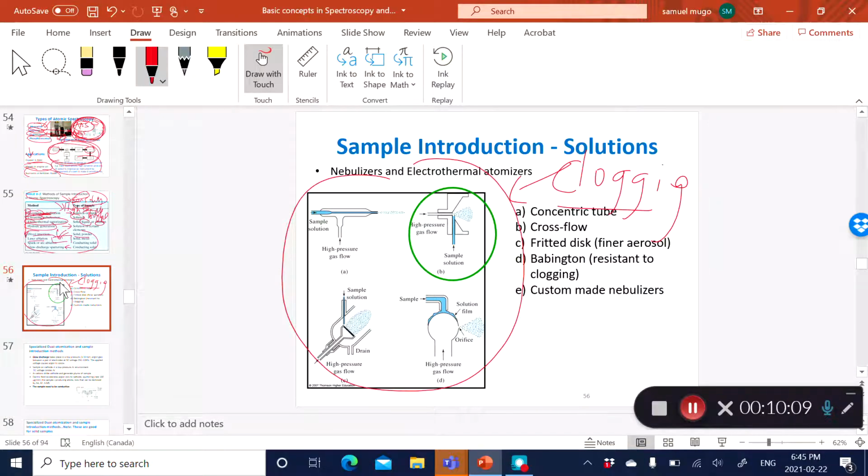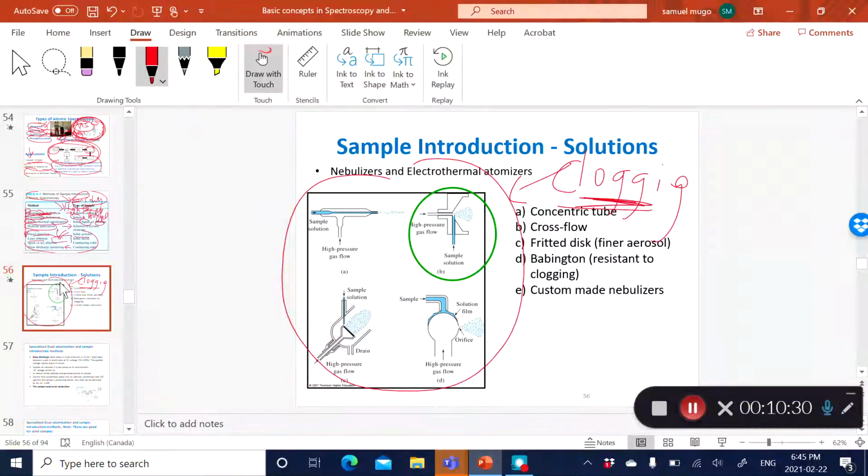Clogging means that if you've got dissolved solids in solution, they tend to clog the orifice that is being used for the nebulization. But some of these pneumatic nebulizers possibly have different resistances to the clogging effect.